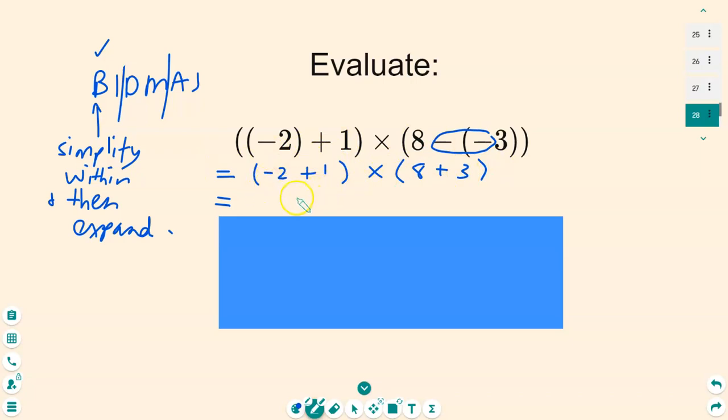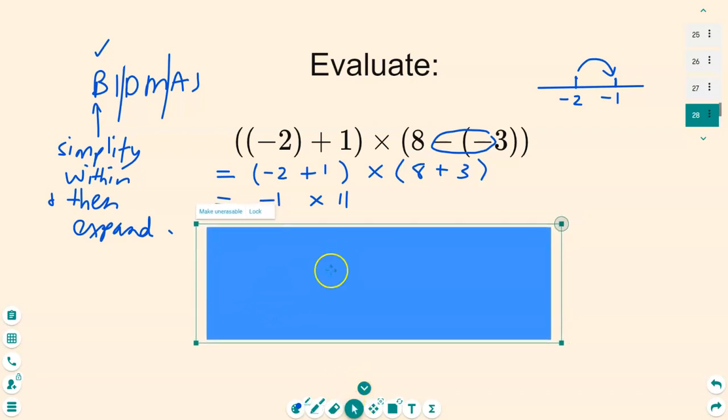Then let's keep simplifying within. -2 plus 1. If I draw a little number line here, we can see if we start at -2, getting more positive, plus 1 will get us to -1. And keep on simplifying. So we've got the times there. 8 plus 3 is 11.